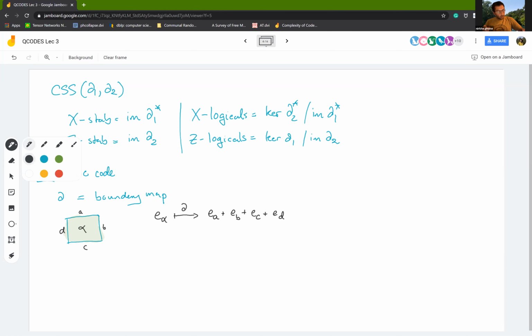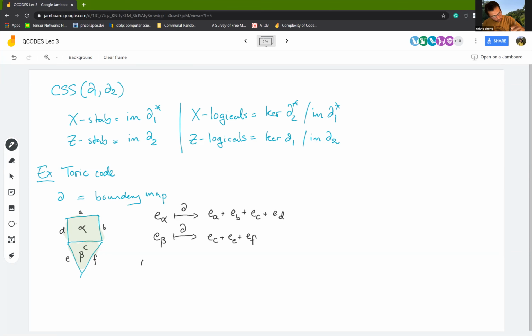And then if I had another face attached to it, it doesn't even have to be a rectangle, it could be any shape, right? This could be E and F. This guy could be beta. Then E beta under the boundary map would map to EC plus EE plus EF, right?